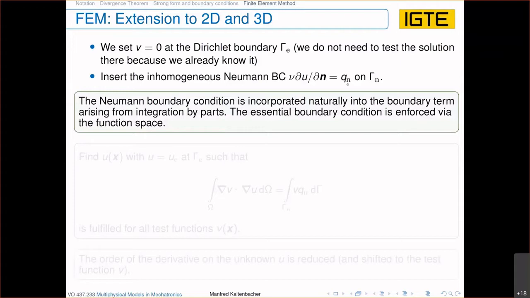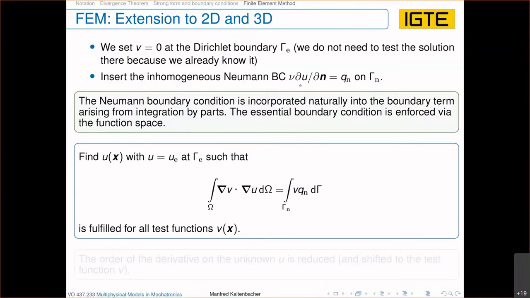And that is also why this boundary condition you call a Neumann boundary condition in classical mathematics. In the context of finite element method, you call it a natural boundary condition because you directly incorporate it in the weak formulation.